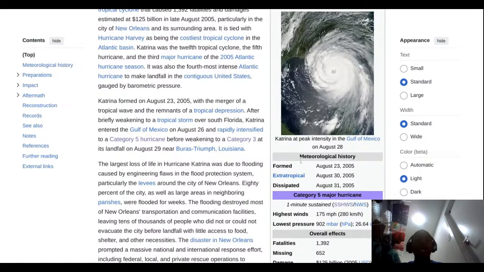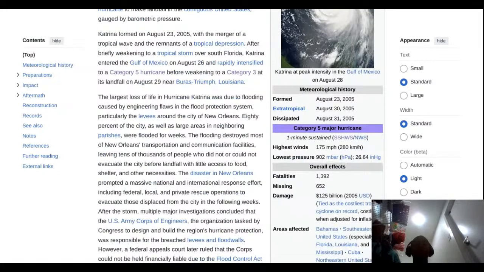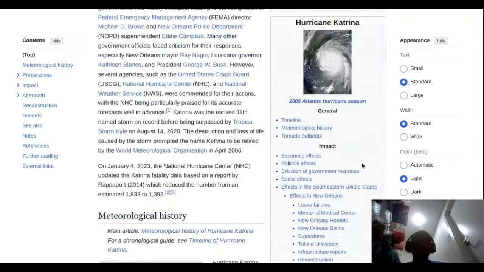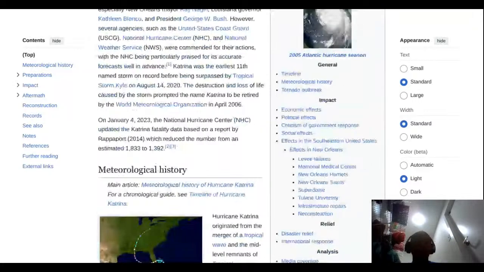This was a Category 5 major hurricane with 175 mile per hour winds. This hurricane caused 1,392 fatalities and 652 went missing during Hurricane Katrina. Wow. This is a hurricane you want to remember.